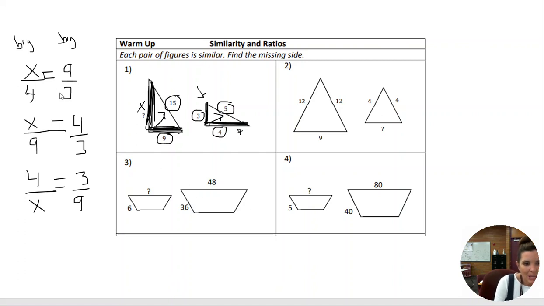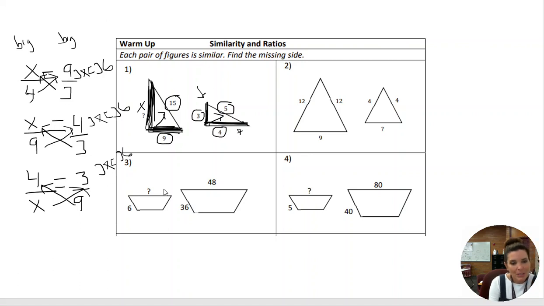Now, once we do that, we just need to cross multiply. Notice here that when I cross multiply, I get 3x equals 36.